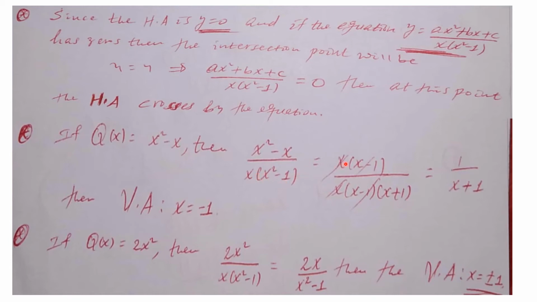When we factor, the numerator is x into x minus 1 and the denominator is x into x minus 1 into x plus 1. So x into x minus 1 cancels, and 1 over x plus 1 remains. So what makes the denominator 0 but the numerator nonzero is -1. The numerator is 1 for any number we substitute because it is a constant function. So -1 only, because the denominator will be 0 and the numerator will not be 0, so x equals -1 is our vertical asymptote.